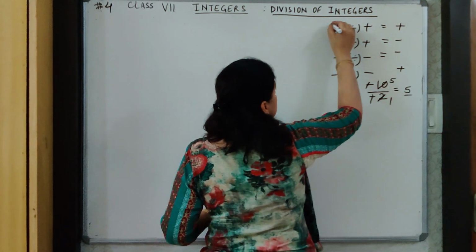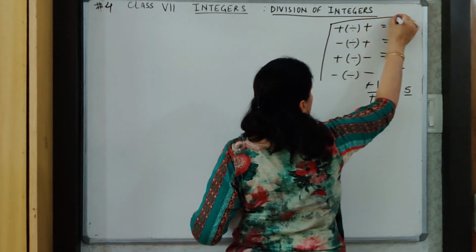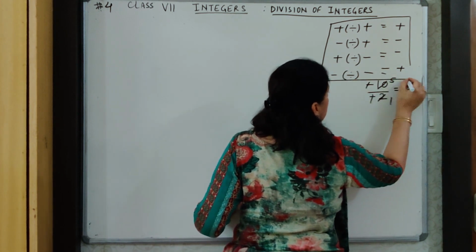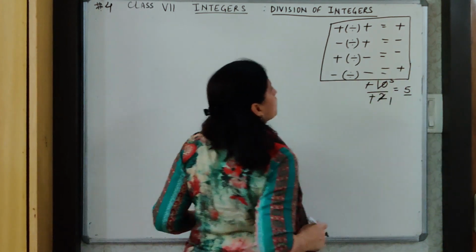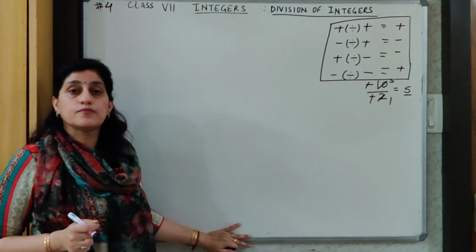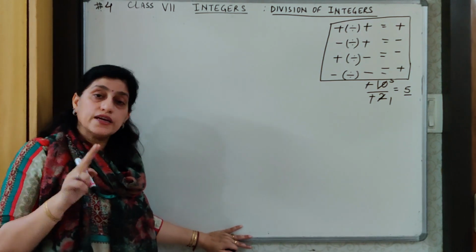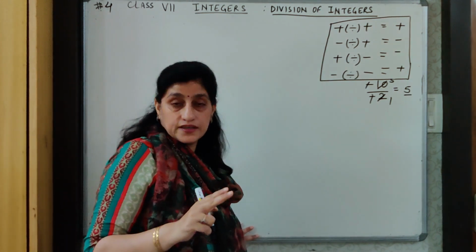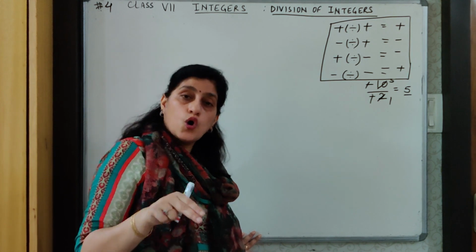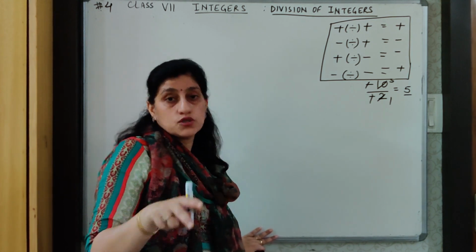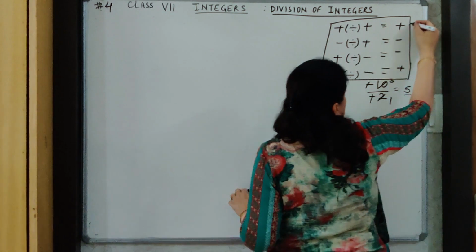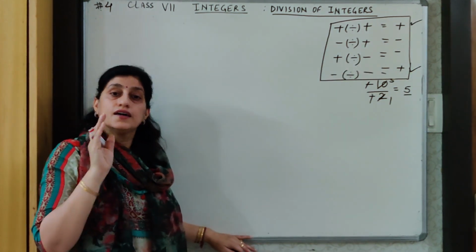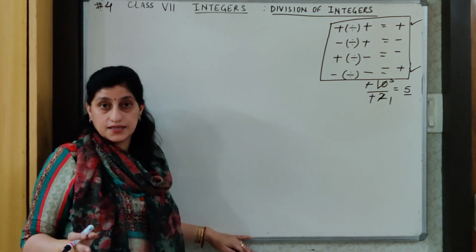So this is a set of rules for the division of signs, just as we had done for the multiplication of signs also. Important thing to remember here is, if both the integers which we are dividing are of the same sign, whether plus or minus, means both are plus or both are minus, then we get a positive integer as the answer.